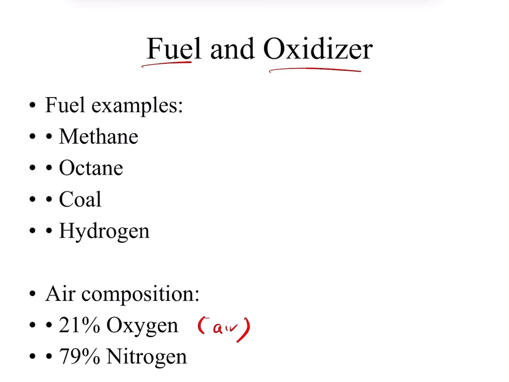So the fuel examples are methane, octane, coal, and hydrogen. But the air comes with 21% of oxygen and 79% of nitrogen.